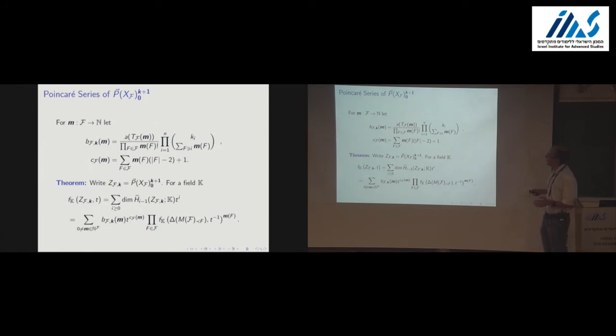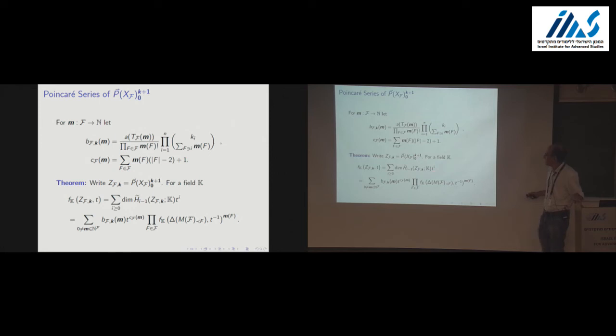Now, given such an m, which is a labeling of the hypergraph, we can define two numbers which appear here, but just think of them as numbers that are determined by the hypergraph.